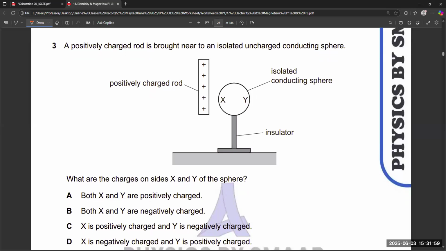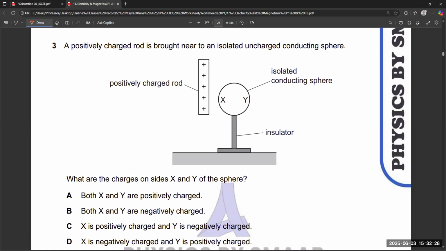And this is also the same type of question. Question number 3: a positively charged rod is brought near to an isolated uncharged conducting sphere. So again, we have a positive rod brought near to an isolated uncharged conducting sphere.